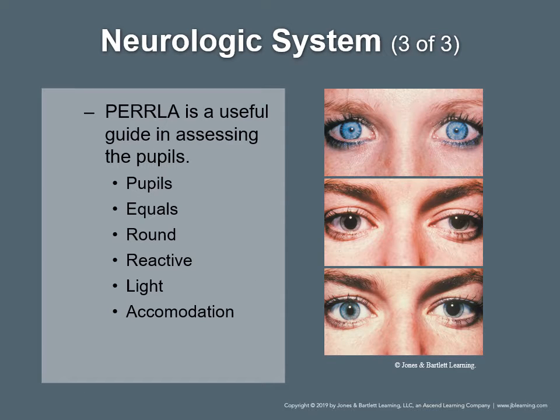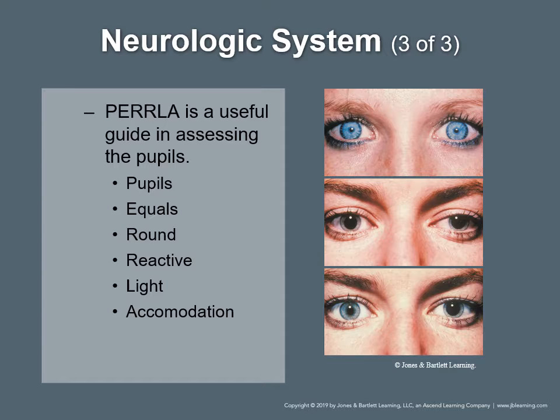Speaking of PERRLA, in your book, it uses pupils equal and round, regular in size, and react to light. In the advanced book, it uses PERRLA: pupils equal, round, reactive to light and accommodation. We usually don't test accommodation.